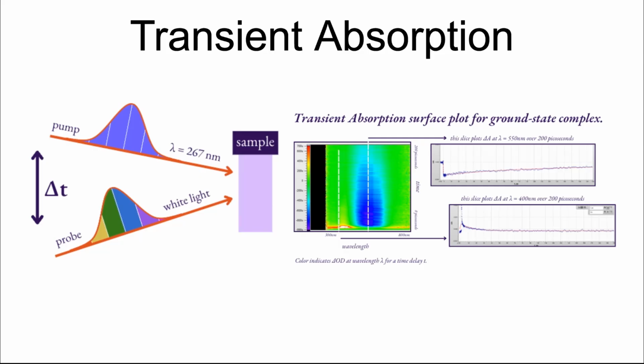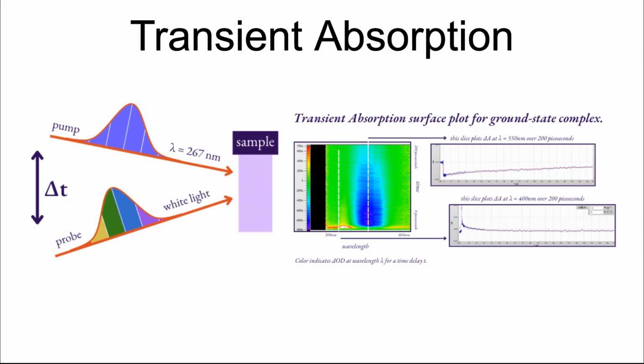And second to last, I conducted a transient absorption study which involves pumping a sample with a light source of choice, in this case 267 nanometers, so in the ultraviolet range, and then a very short time period after pumping with white light, or light that's all the colors, and getting an absorption spectrum from this.